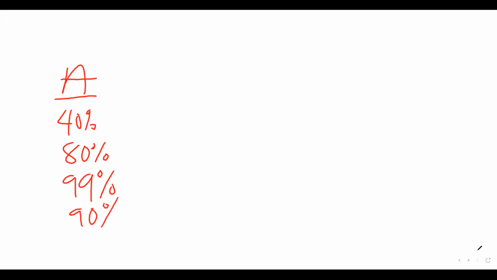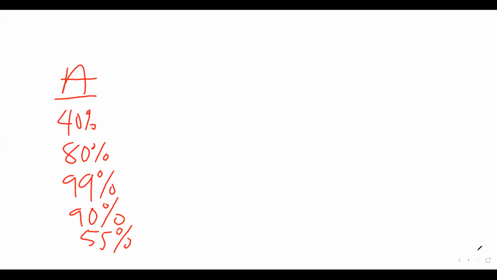Some people had 40%. Some people had 80%. I'm just doing an example before we start anything. Some people had 99%. You can't get 99% in this course, but let's assume somebody had it. Somebody had 90%. Somebody had 55%. So that is the first sample.